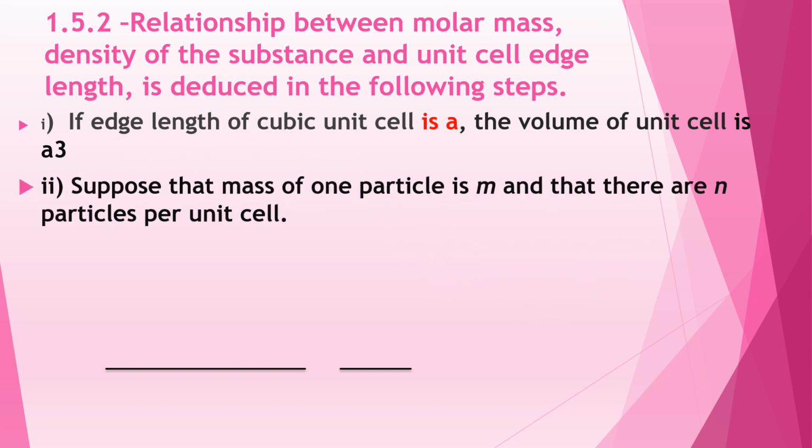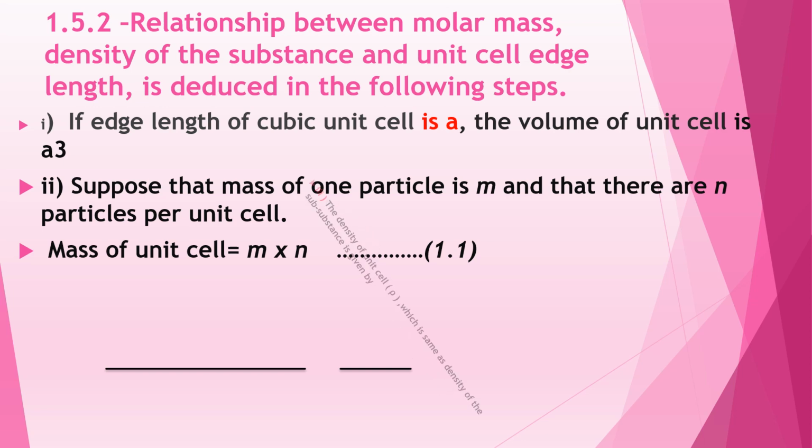Then suppose the mass of one particle is small m, and there are n particles per unit cell. Then the mass of the unit cell is equal to m into n. That is equation number 1.